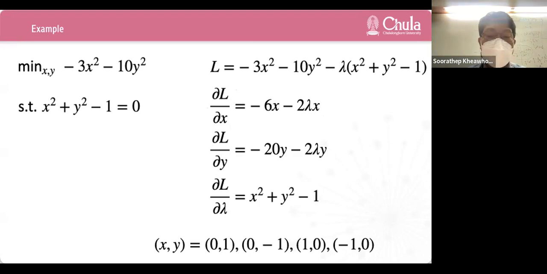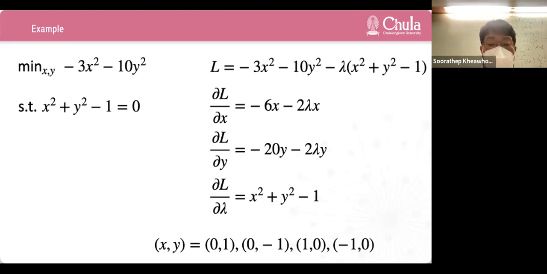From these equations, you solve the algebraic equations and obtain x, y, and lambda also, at the same time. For this system, you obtain how many points? 4 points, where (x, y) are (0, 1), (0, minus 1), (1, 0), (minus 1, 0).